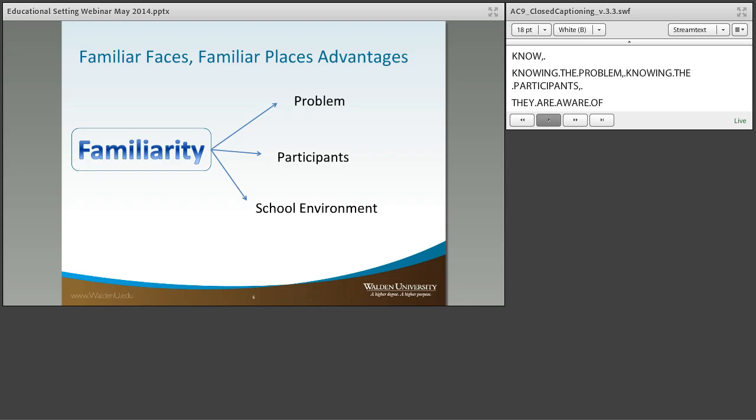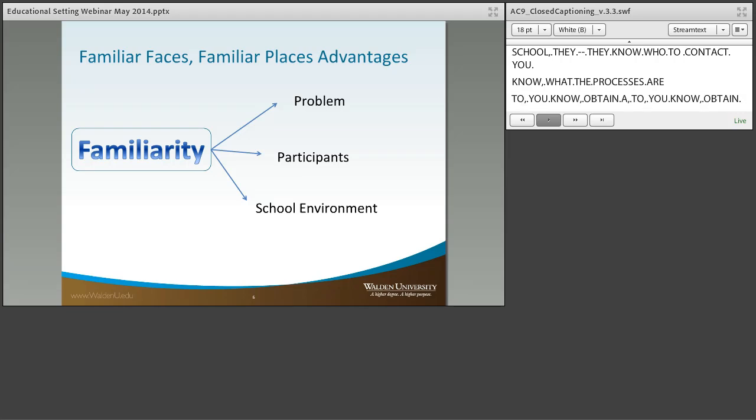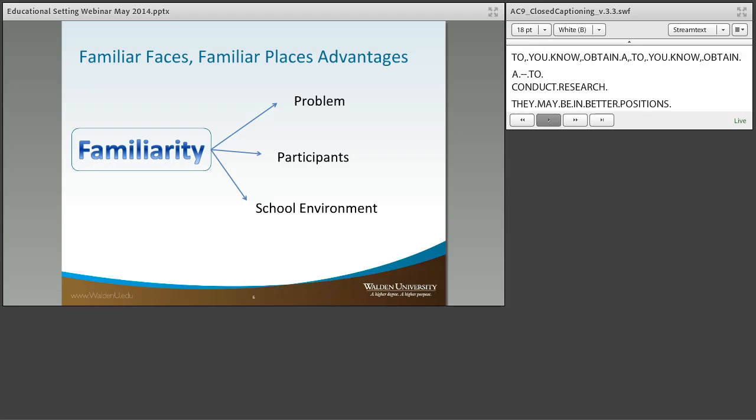As insiders at the school, they know who to contact, what the processes are to even obtain approval to conduct research. They may be in better positions to be approved to conduct research. So there certainly are many, many advantages to conducting research, and there are a lot of opportunities for students to conduct studies at the schools where they are employed. But Laura, if you wouldn't mind going to the next slide.